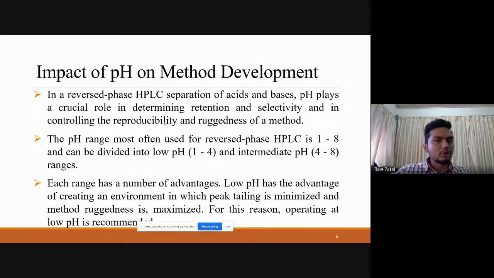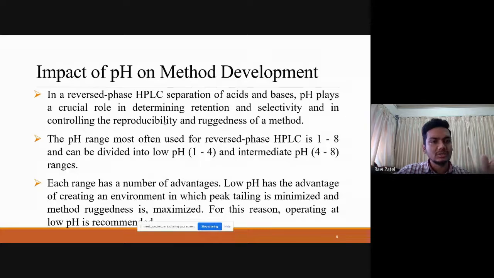So, the impact of pH on method development. As I told you, pH plays a crucial role in method development. Generally, we use reverse phase HPLC, in which the mobile phase is polar in nature, so we use water, methanol, and ACN as solvents.